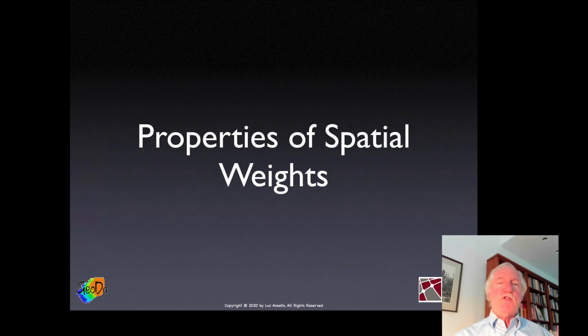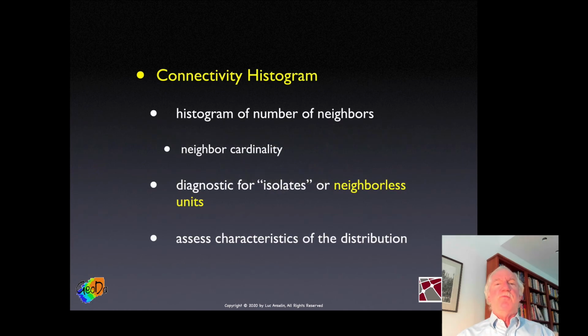Okay, so we have row standardization, we have higher order contiguity. How can we tell these weights apart? We have a couple of descriptive statistics for the weights that characterize them in terms of their density, in terms of the distribution of the cardinality, which is the number of neighbors, and so on. A lot of these have been developed originally for GeoDa.